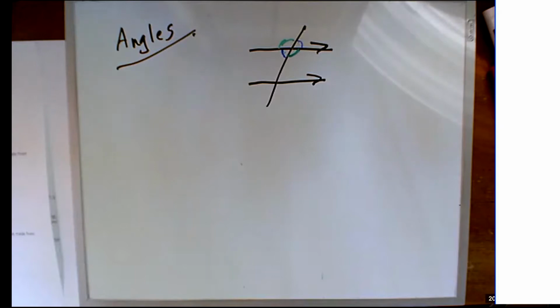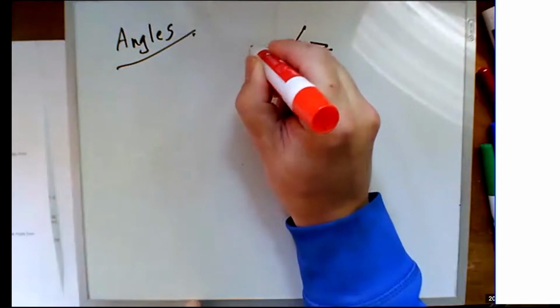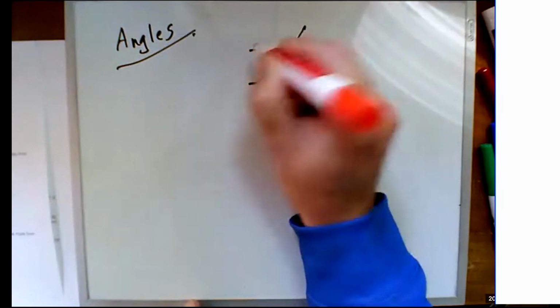Now, there's a couple of other fun things that end up coming up out of this. One of the things that we can do is we can start to draw shapes in here and also be able to see how these angles work out. So one of the ones that we do is called the parallel line theorem Z pattern. In this case, I'm just going to draw over this. I hope this doesn't smudge things too badly.